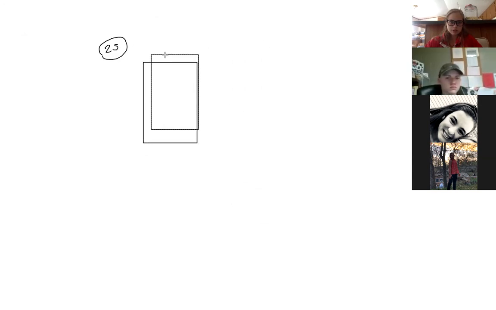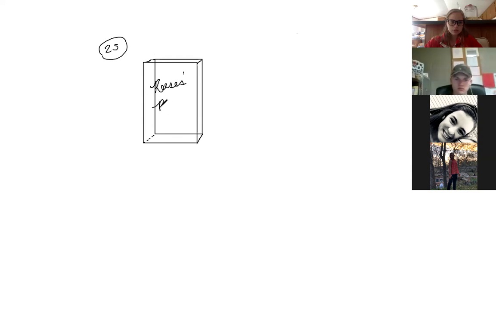So this is a cereal box right here. And it says Puffs. All right, because that's what I eat for breakfast. So here I've got a Reese's Puffs cereal box. It is 11 inches tall.